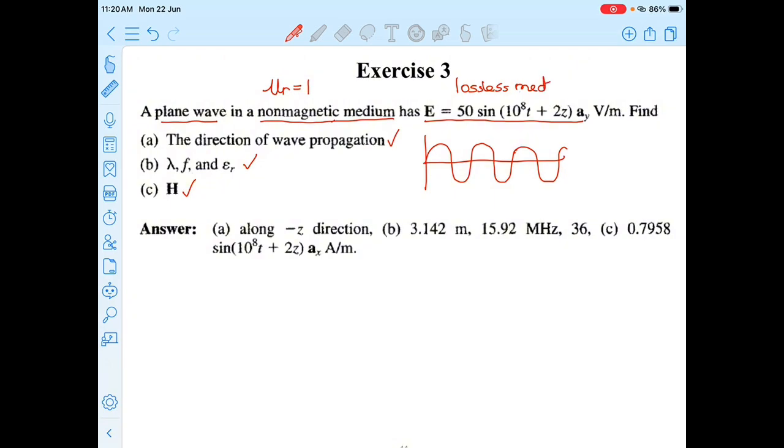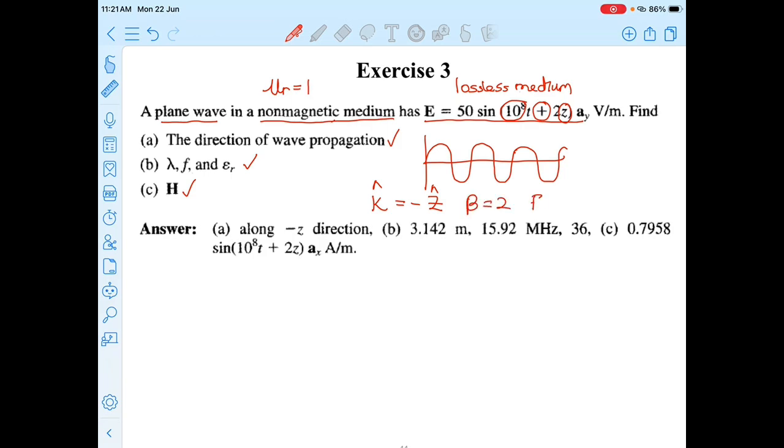For this lossless medium, it has an angular frequency of 10 to the power 8. Here you see positive Z, which shows that the wave propagation is in the negative Z direction. And beta is equal to 2.